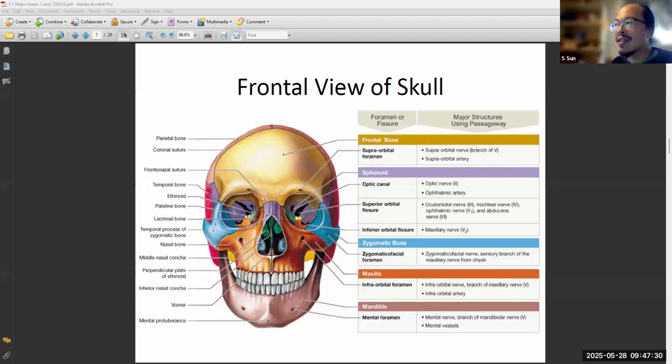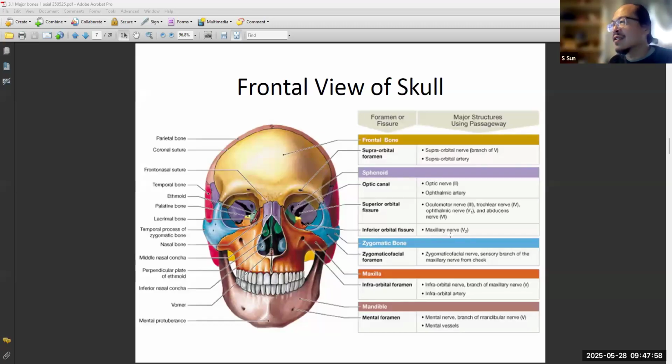As for this one, the signal is coming out to control your eyeball movement. So you have the oculomotor nerve and several other nerves to control your eye movement. And the inferior orbital fissure is for another nerve coming out of it.